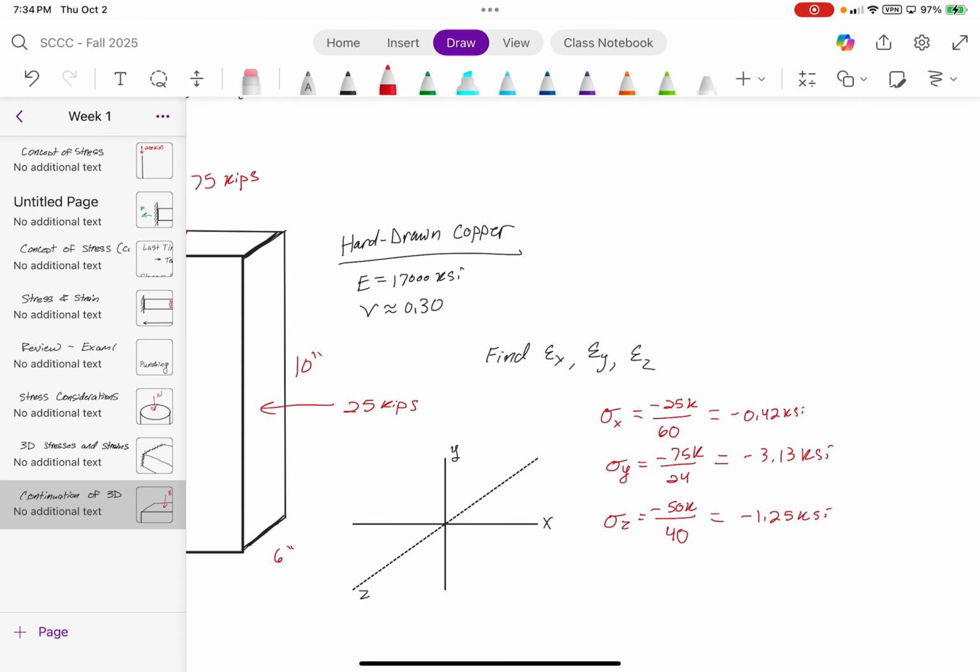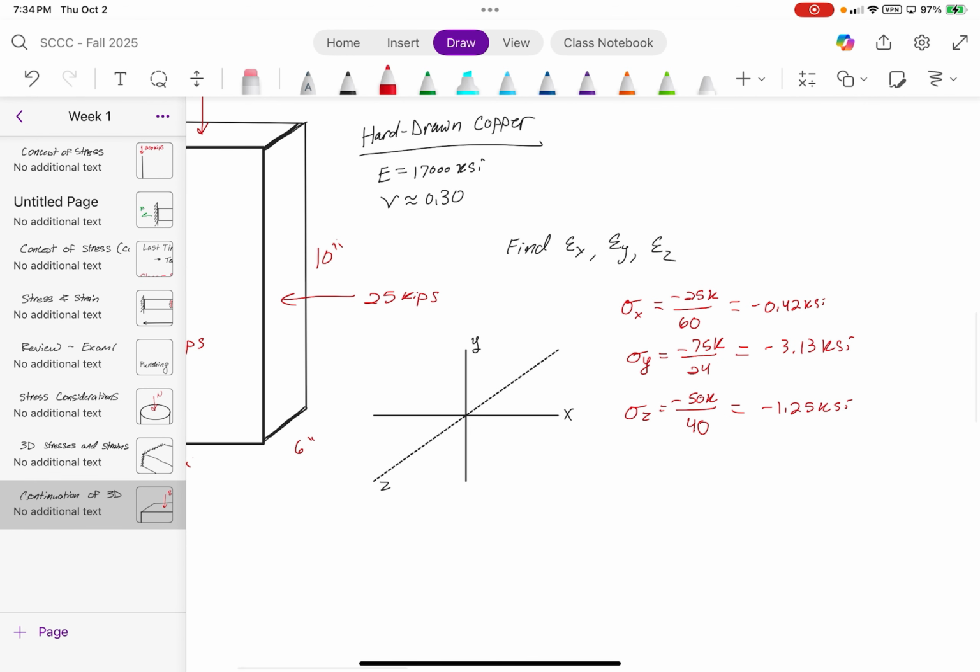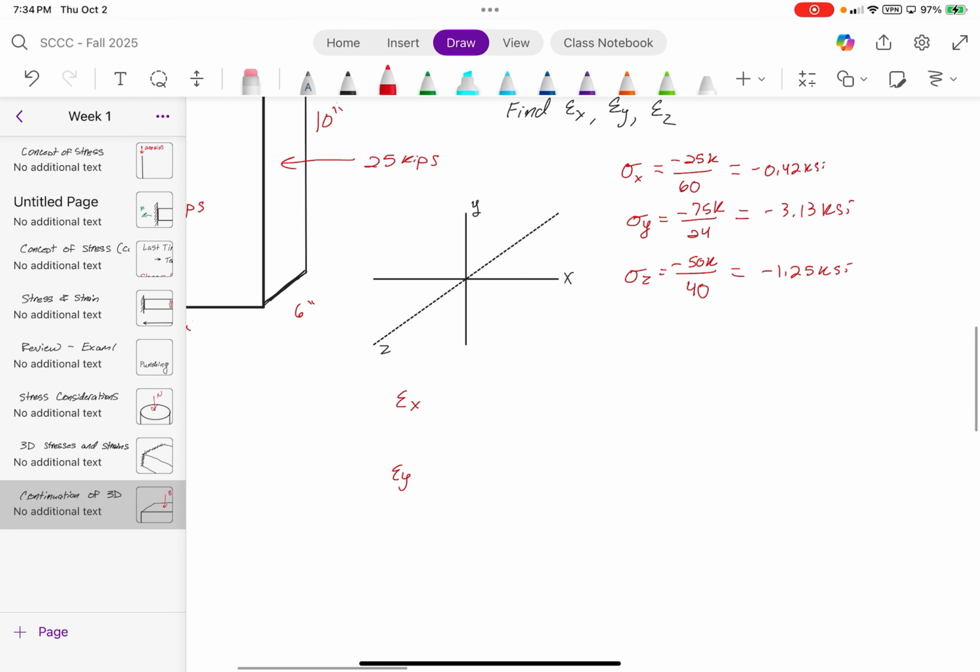All right. To find epsilon x, epsilon y, and epsilon z, it is just as simple as plugging and chugging. So, what was the equation?